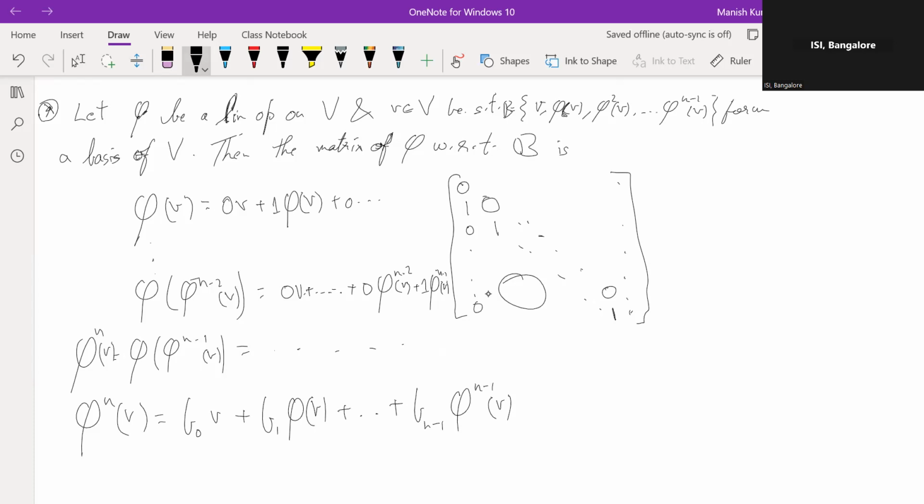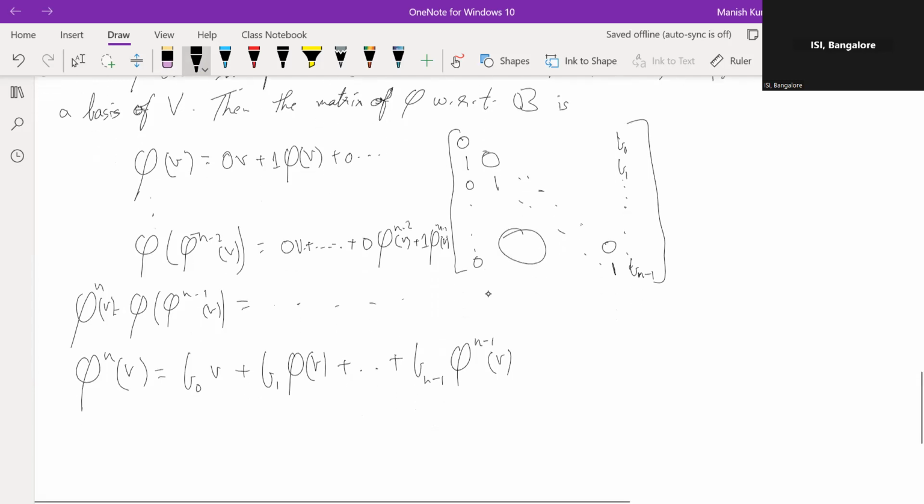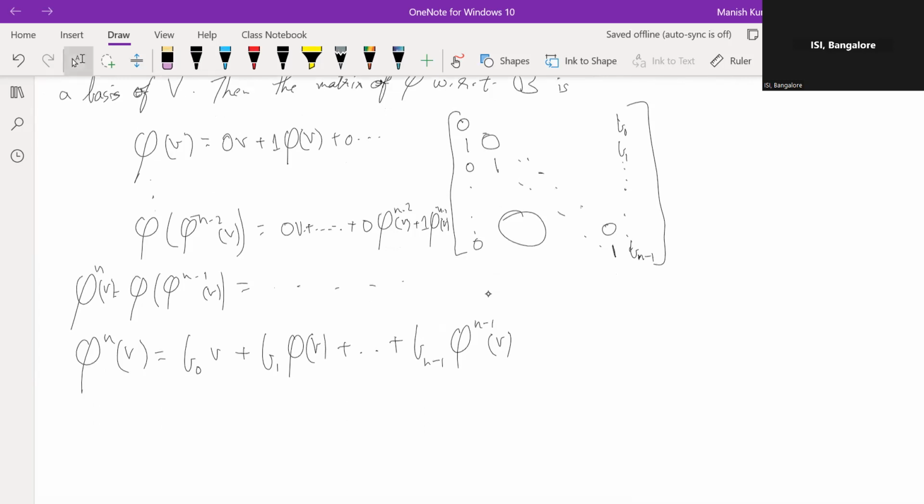If this is how it looks, then the last column is going to be b0, b1, up to b n minus 1. This is how it looks. So can you guess what these bi's are from the linear operator phi? Yeah, exactly.